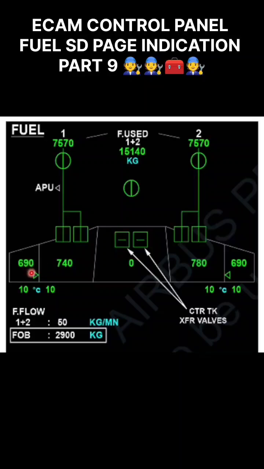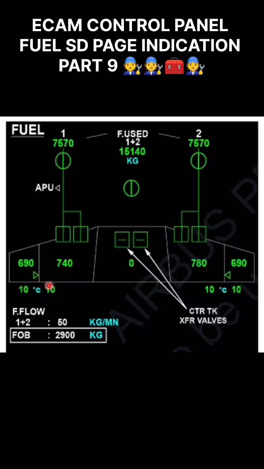This triangle is solid amber when the valve is open while commanded close. So it will be in amber color, showing open, but it is commanded close. And this triangle is amber when a valve is in transit, and there will be a cross mark.